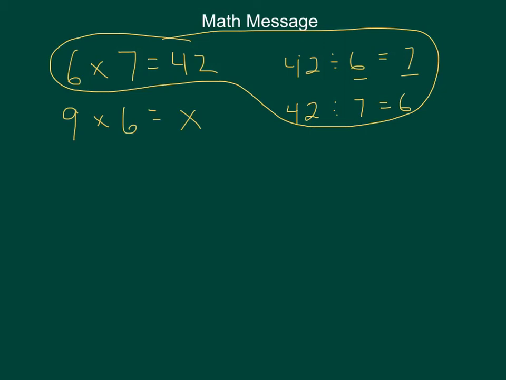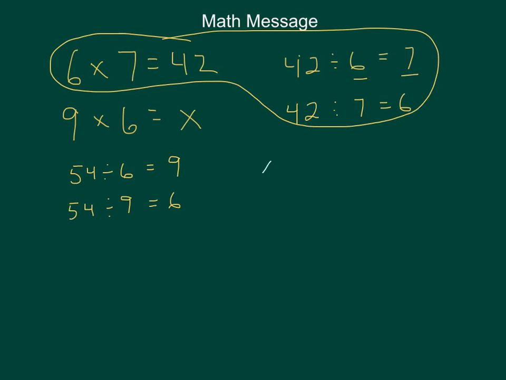Now the next part here, you have multiple ways that you could do this one. Some of you might have been thinking 54 divided by 6 equals 9, and 54 divided by 9 equals 6. You could also keep it with the variable of x.